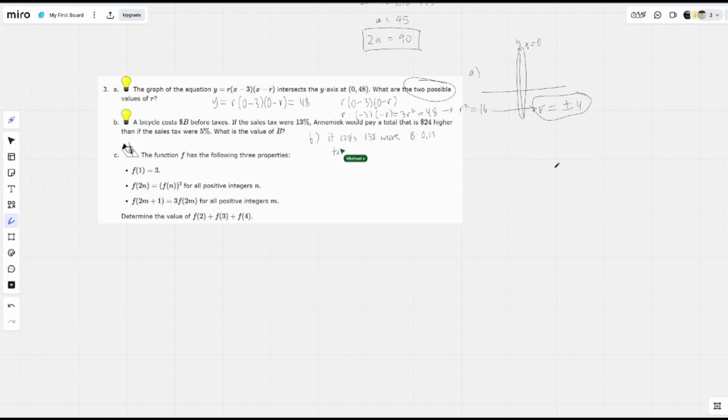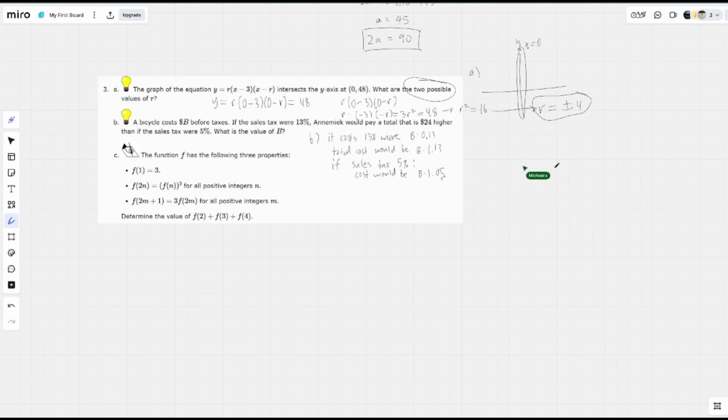So the total cost would be B times 1.13. And if the sales tax is 5%, we can do the same thing to get the cost would be B times 1.05.